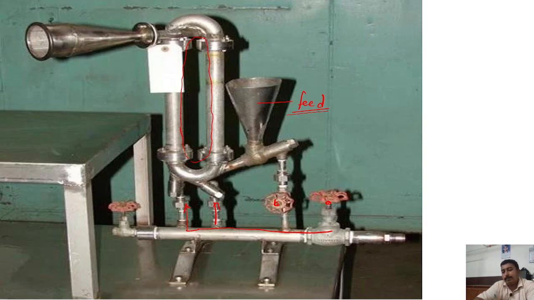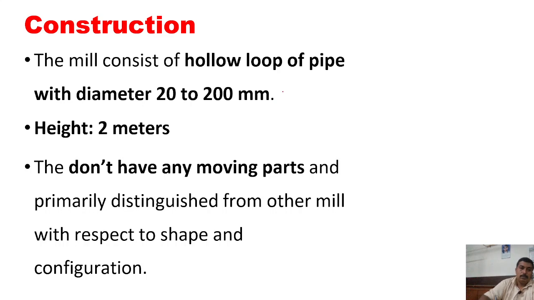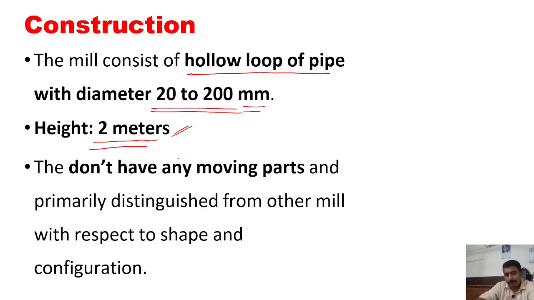Basic thing: in construction we have covered two major parts, first the air inlet and next the feed inlet. The major part is the hollow loop of pipe, which is generally made up of stainless steel. Already we have covered the diameter, 20 to 200 millimeter. What about the height of the mill? As it is a hollow loop, the height is quite more, about 2 meters.